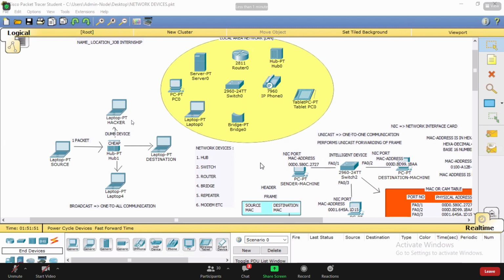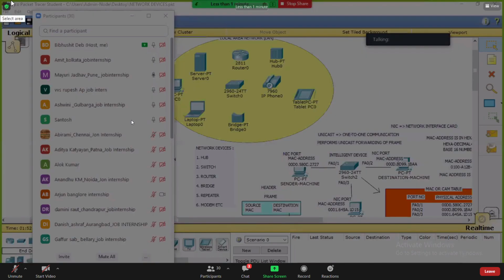TCP/IP stands for what? Transmission Control Protocol and Internet Protocol. UDP stands for what? User Datagram Protocol. Very good.